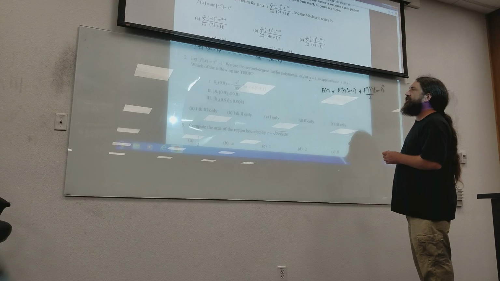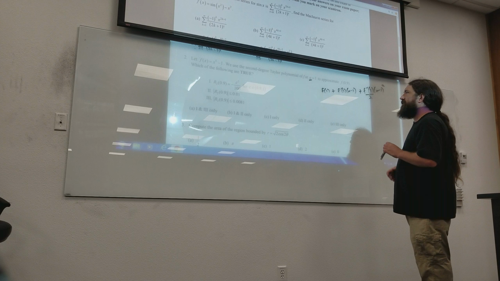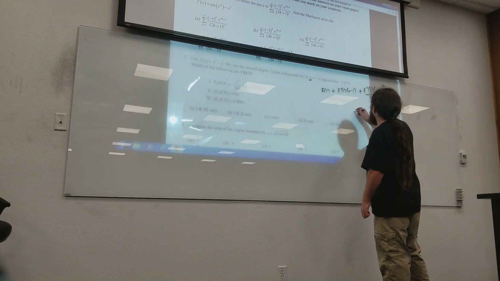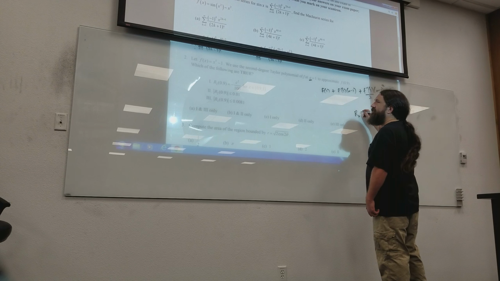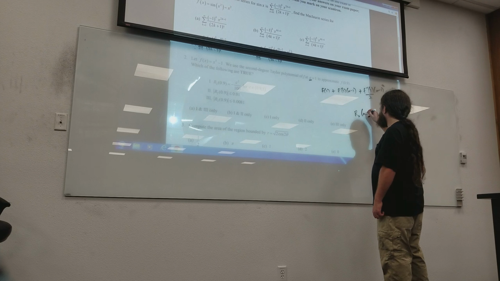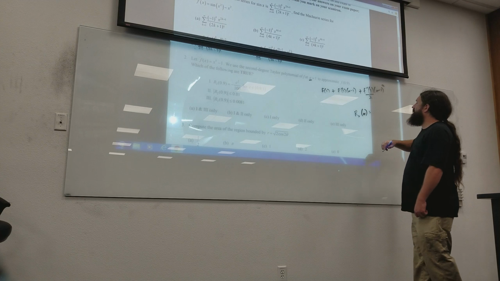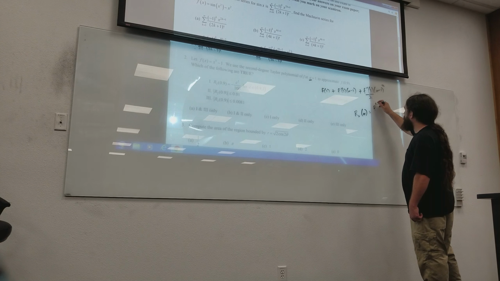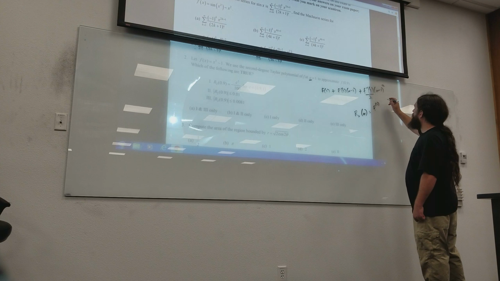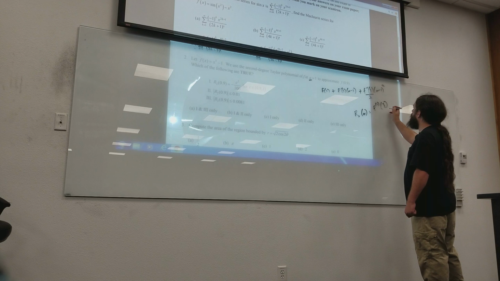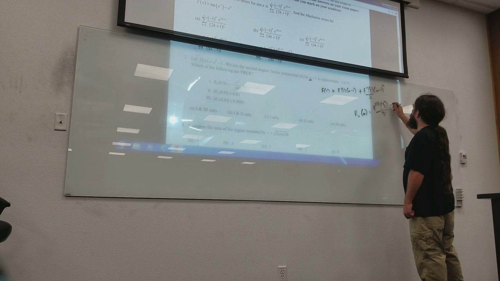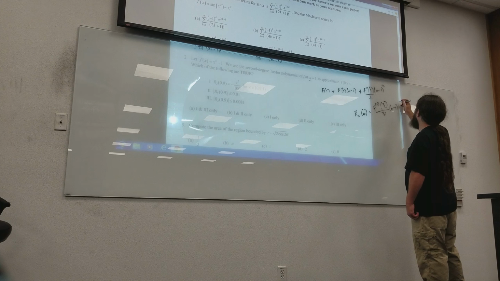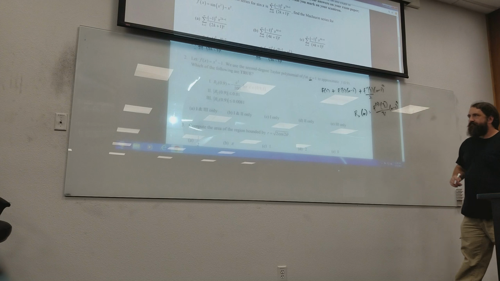Okay. Now, which of the following are true? Now, this is about errors, right? So R2 of x. Now, from Taylor's theorem, it's going to look like the third derivative evaluated somewhere divided by 3 factorial times (x minus 1) cubed, right?